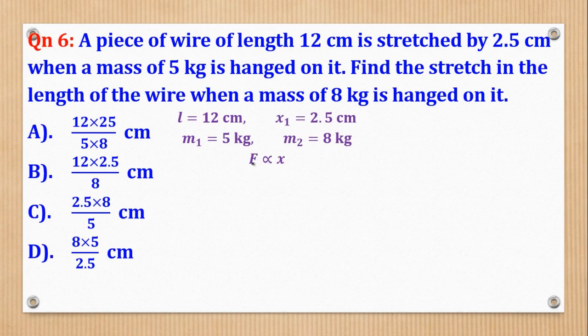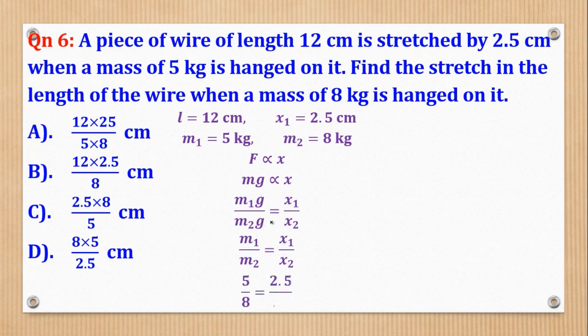So you say that force is directly proportional to extension, and force is the weight, mg. Therefore, m1g divided by m2g is equal to x1 over x2. The g cancels and we remain with m1 over m2 equals x1 over x2.